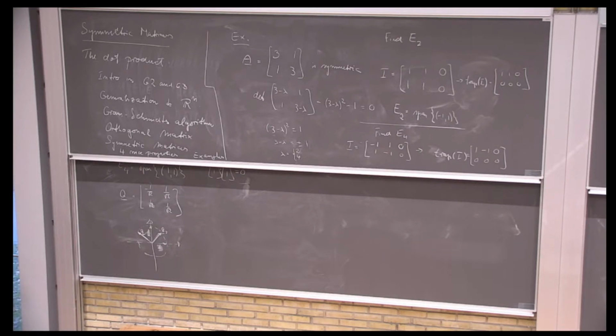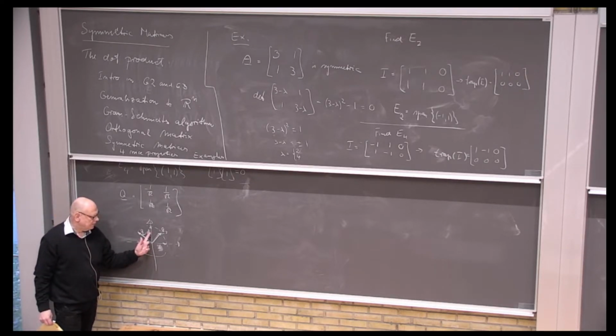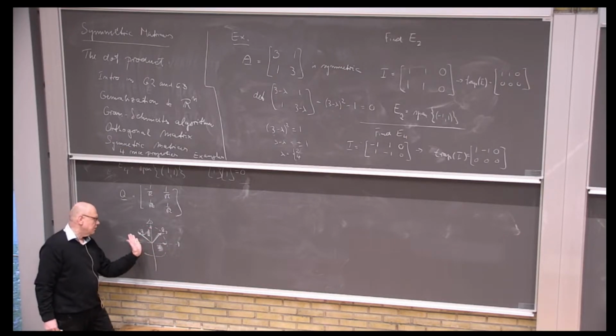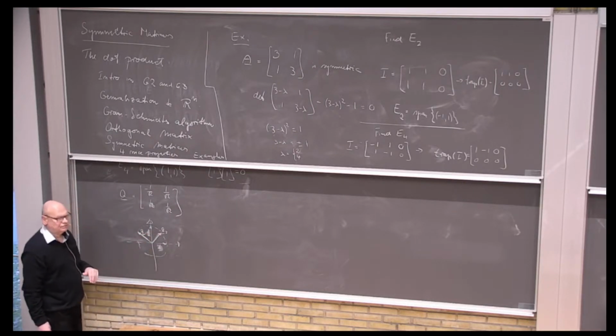So there is a problem with this orthonormal basis, because when you look at the standard basis vectors, the orientation is from i to j in the counterclockwise direction, but for the q's it's the opposite, it's in the clockwise direction.